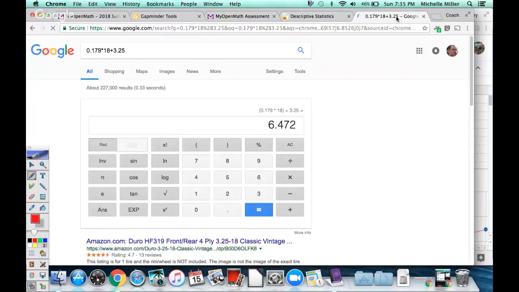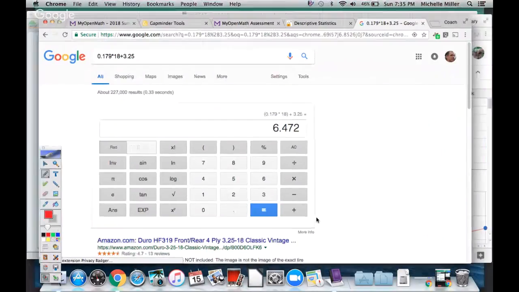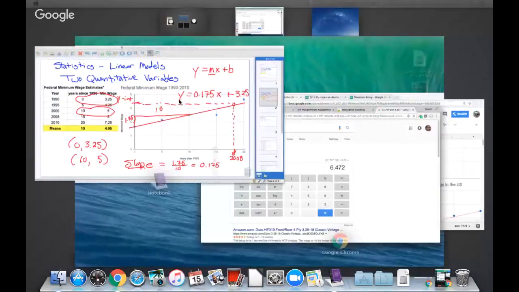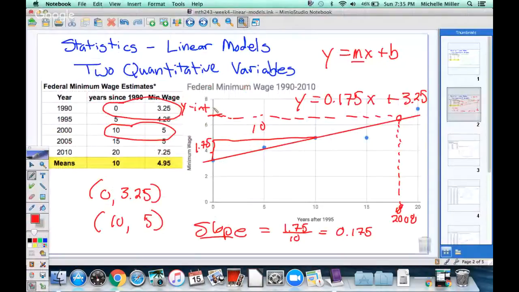And so this says it's going to be like 6.50, 6.47. Let's see, how does that look on my picture? Yeah, 6.5, 7 would be over here. Yeah, that's okay. So that's reasonable on my picture. So here's my model, my linear model for this right here.